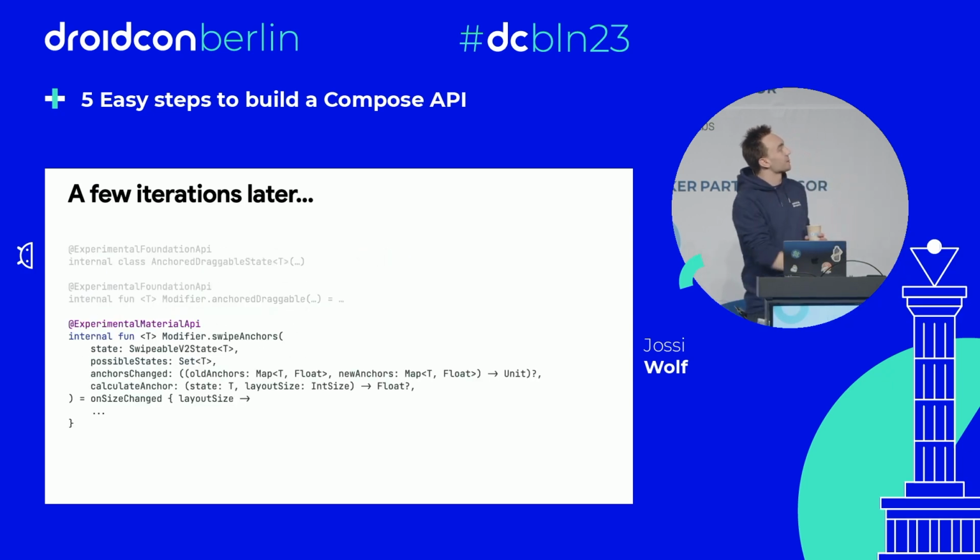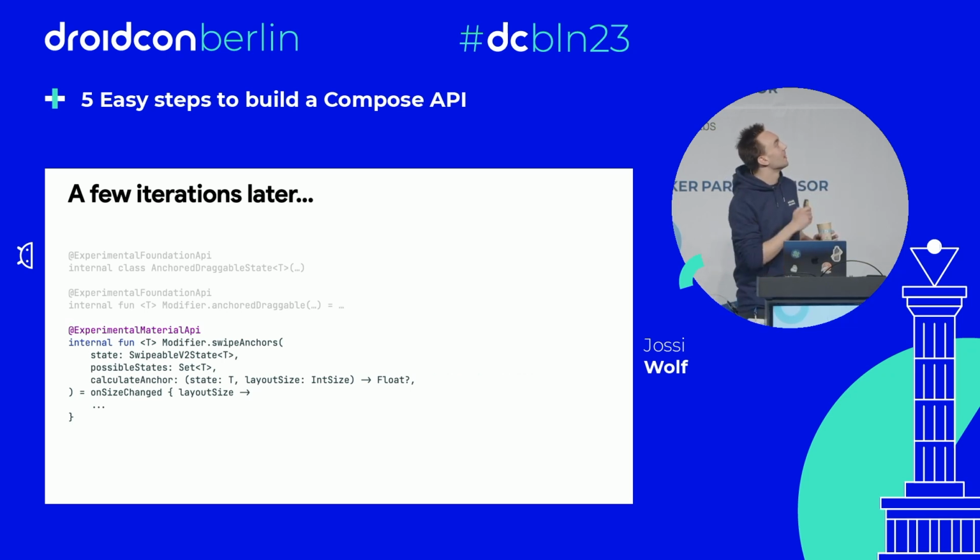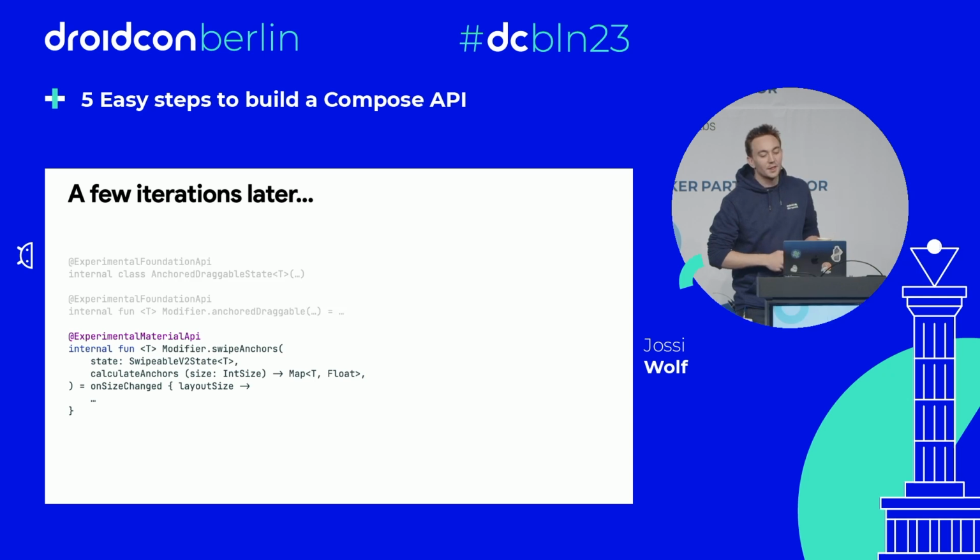Back to modifier.swipe anchors, my favorite API ever. So we decided to remove some stuff, like the anchors changed callback, then the possible states. And then we were like, do we really need this? And we looked at what this was doing, and essentially we said, hey, you know what?